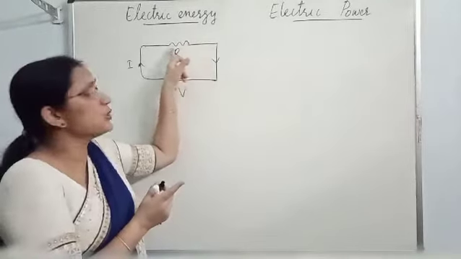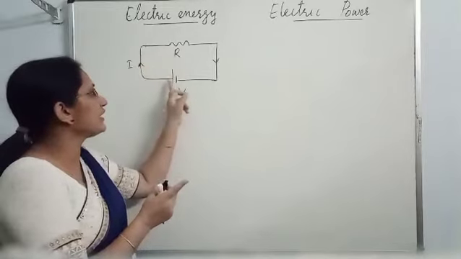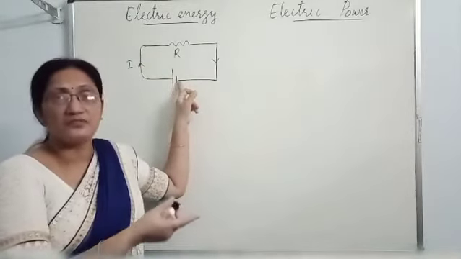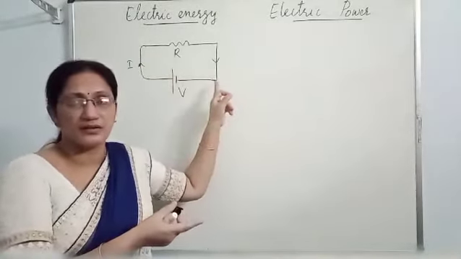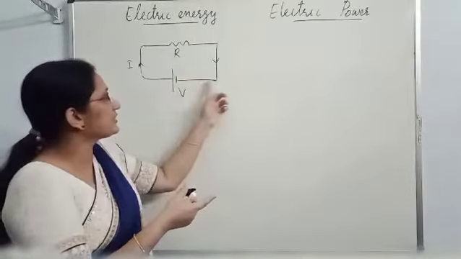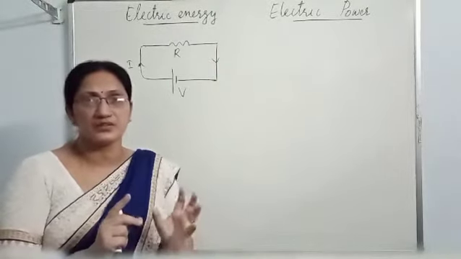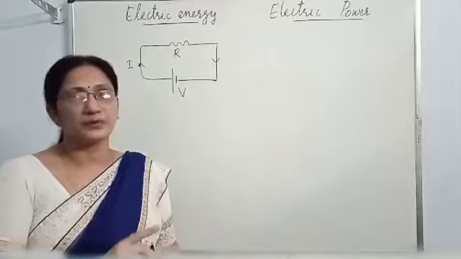Electrons are losing energy while they pass through this resistance, and they regain that energy while they pass through the cell. Or the cell is giving energy to the electrons, and that energy electrons are spending here. This point we discussed in one of the previous videos.